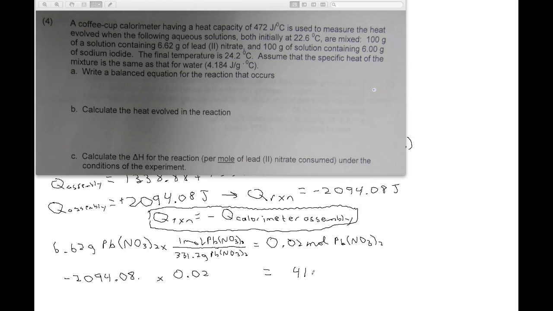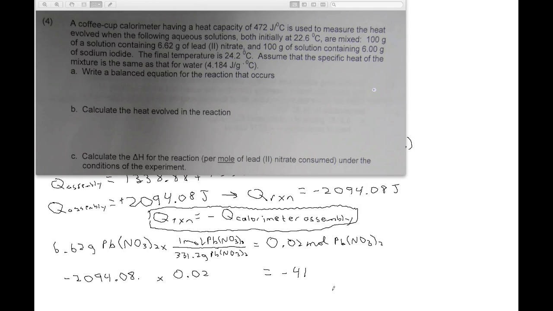So that is approximately equal to negative. Oh, and then they wanted the answer in... Okay, they didn't want the answer in kilojoules, so then that would mean that it's negative 41.8816 per mole of lead 2 nitrate consumed.